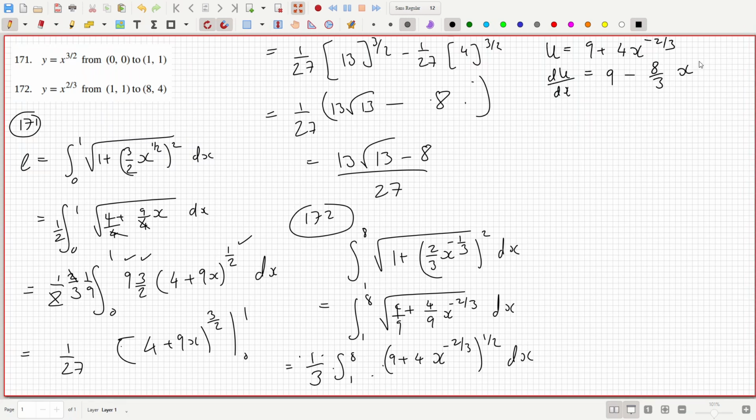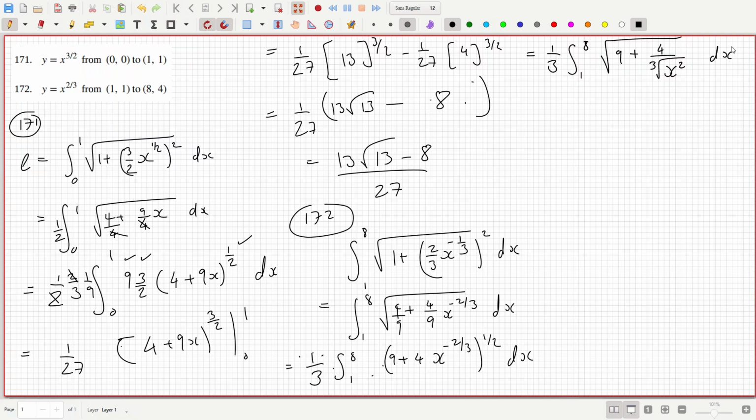Bring down the power, reduce the power by 1. It's equal to 1/3, integral from 1 to 8, root 9 plus 4 over cube root x squared dx.